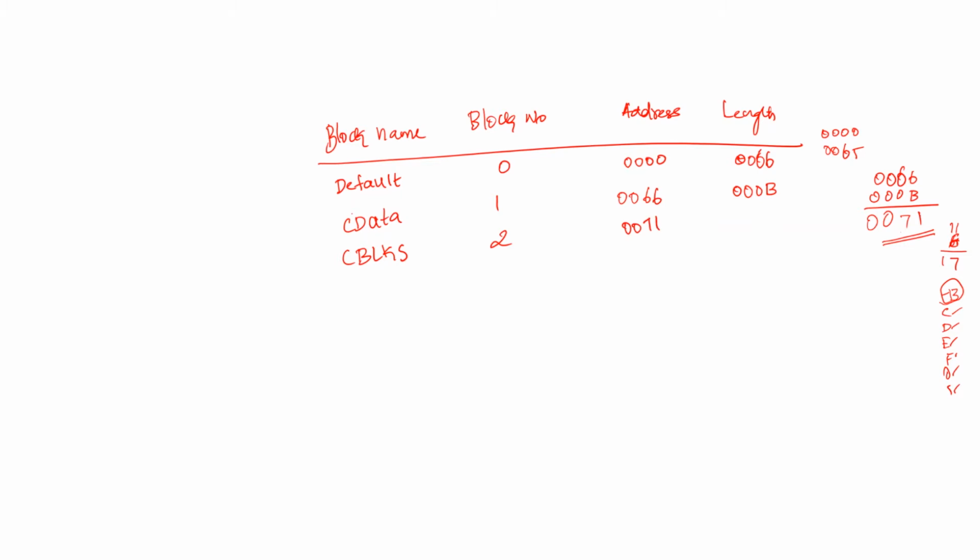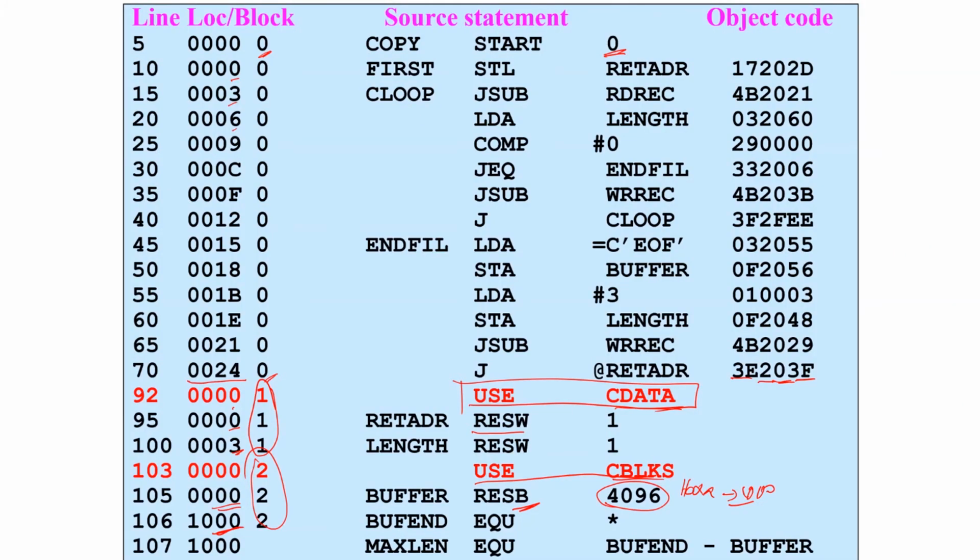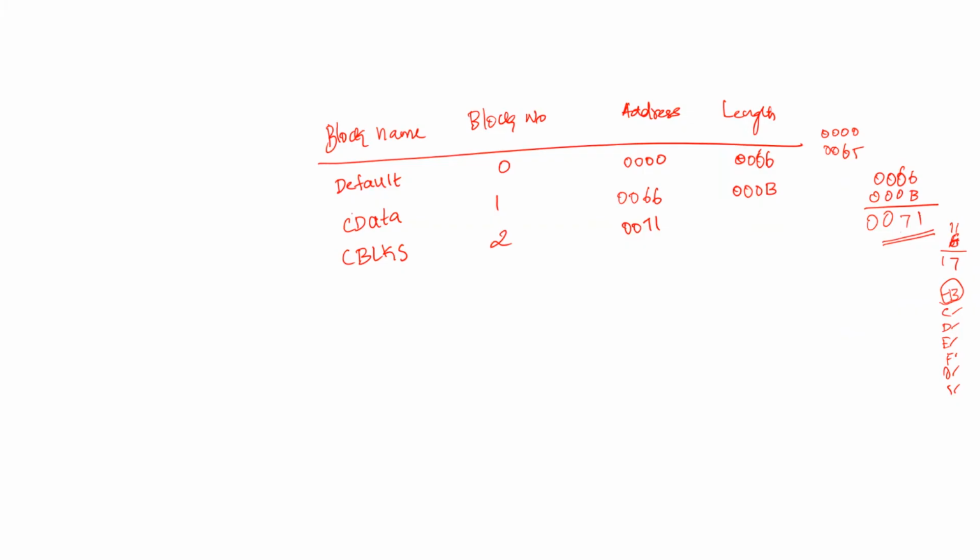Right? Then the address and length of the C block. You can see the length of the C block, which is block 2. The size of block 2 is the entire size, which is 1000. So the size is 1000.